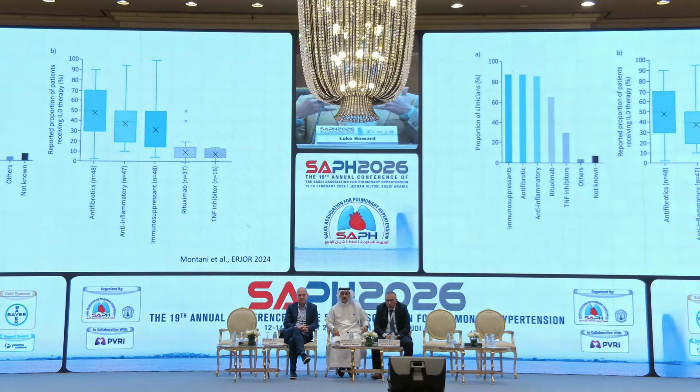Clinicians were asked, first of all, about their current therapies that they would use for the actual interstitial lung disease. On the left, you have the proportion of clinicians using these types of therapies. You can see there were many clinicians actually managing the ILD. Most of them used therapies such as immunosuppressants, antifibrotics, anti-inflammatories, rituximab, and a much smaller proportion used TNF inhibitors.